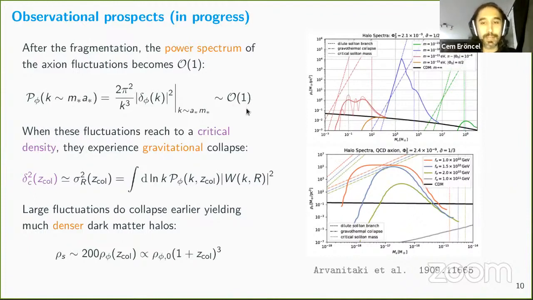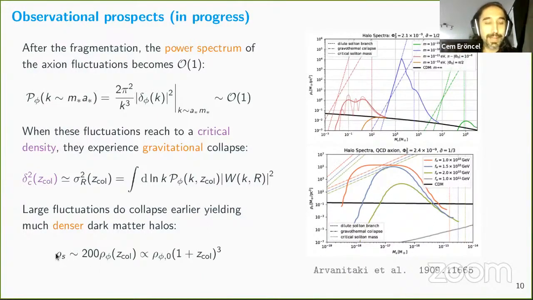So these fluctuations will evolve during the radiation era, and when they reach a critical density, which depends on the redshift, they experience gravitational collapse. This gravitational collapse can be understood in terms of the Press-Schechter formalism. When the variance of the fluctuations smoothed by a window function reaches a critical density, they collapse gravitationally and form gravitationally bound halos.